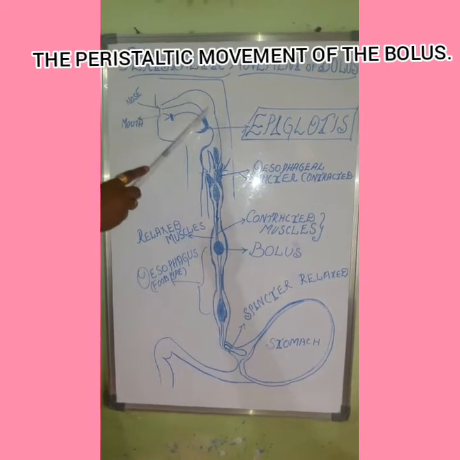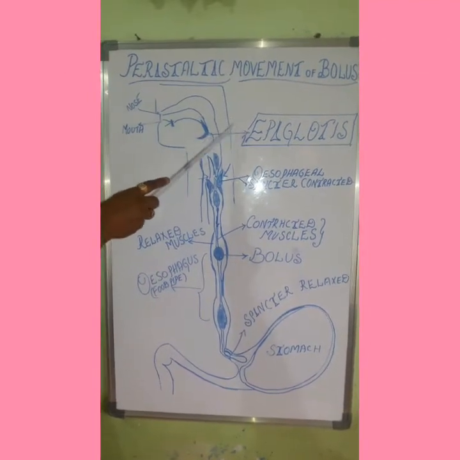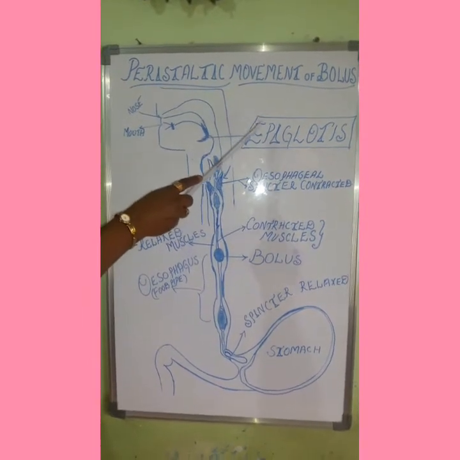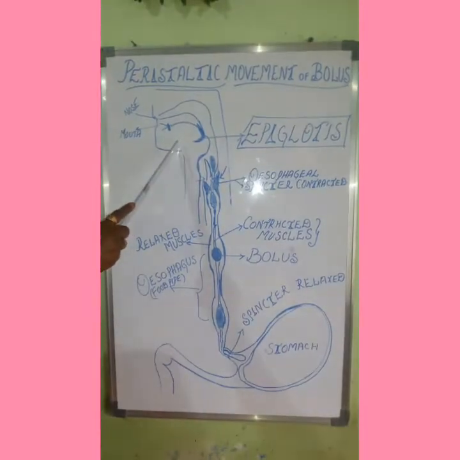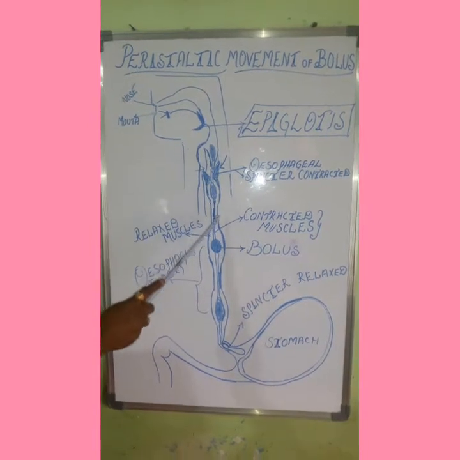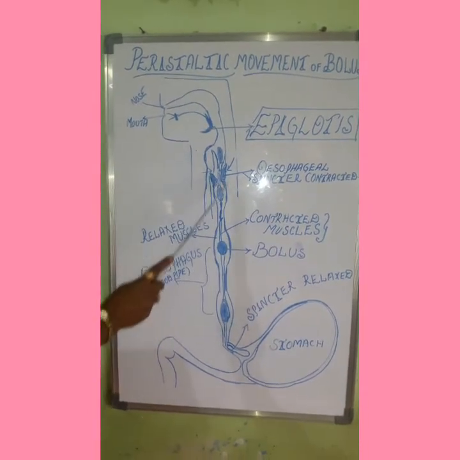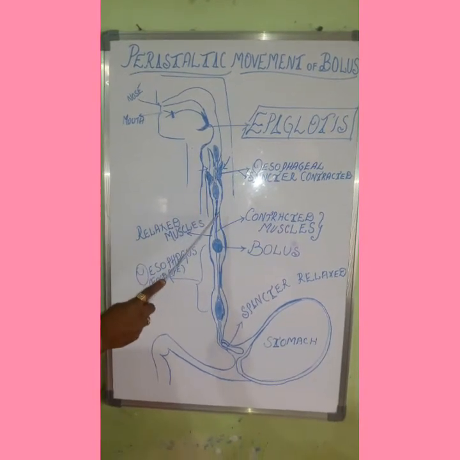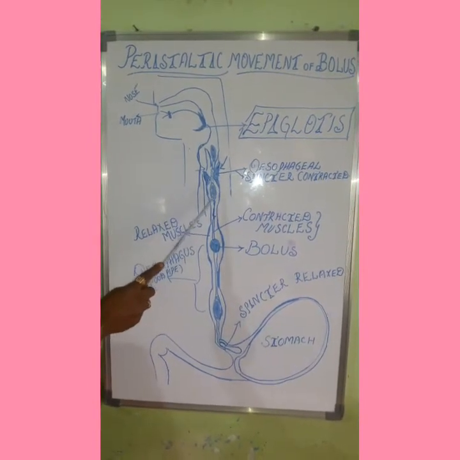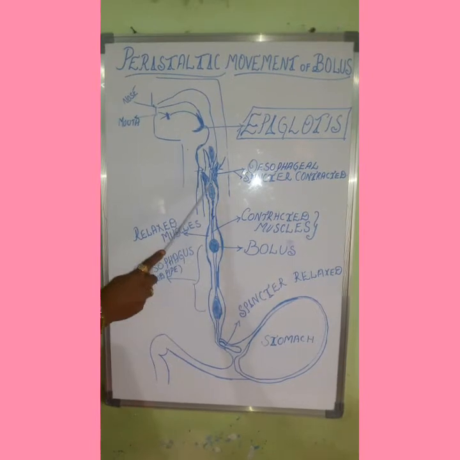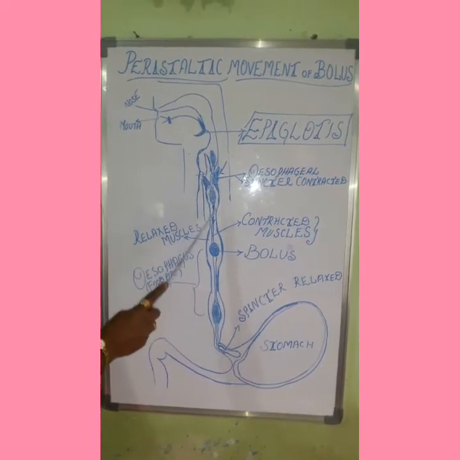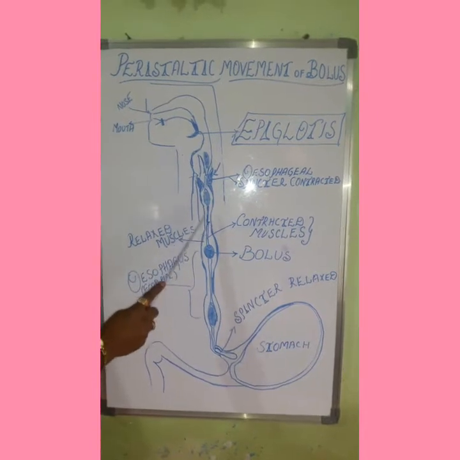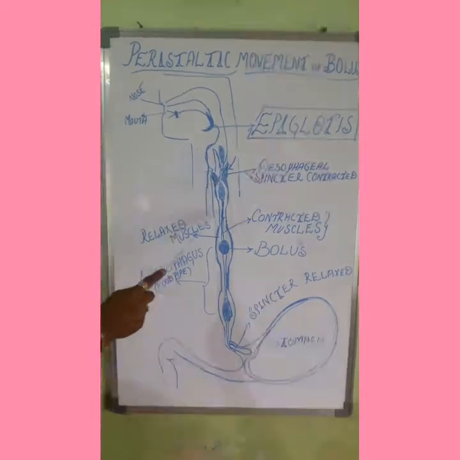This is the diagram of the movement of the bolus, that is, the peristaltic movement of the bolus. The walls of the esophagus, that is the food pipe, are slippery. It has a substance called mucus.